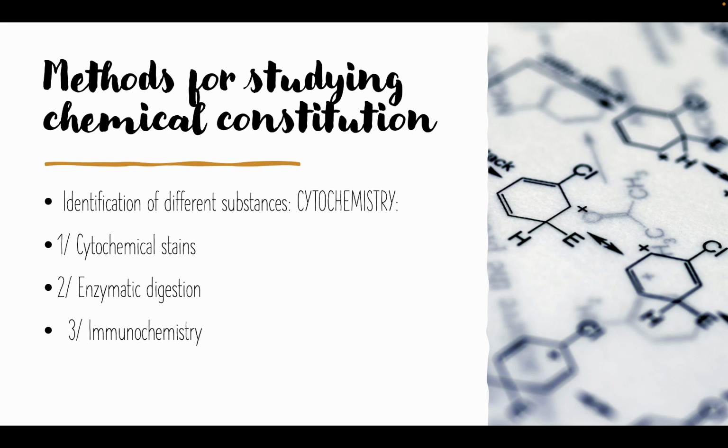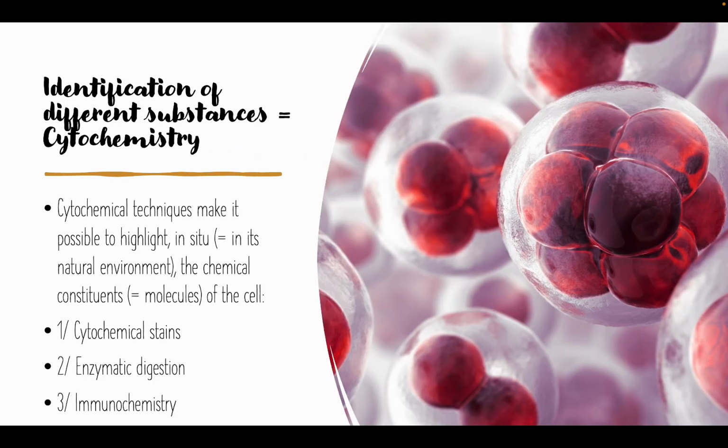Under the umbrella of cytochemistry, we have three methods: cytochemical stain method, enzymatic digestion method, and immunochemistry method. Now let's begin with the first method, the cytochemical stain.